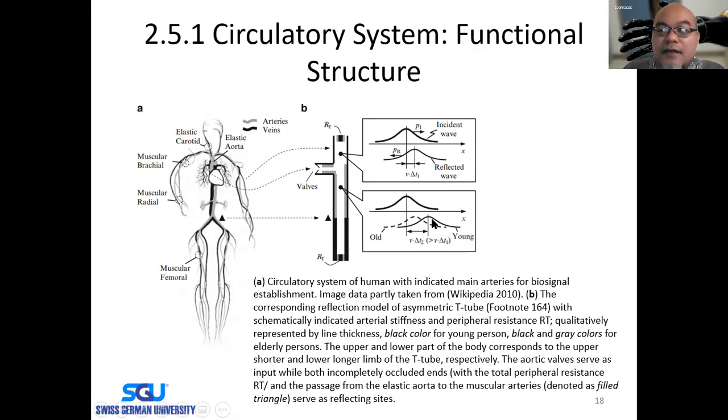While in older people, the blood vessels become stiffer, and the peripheral resistance is higher. You see here that less volume is being pumped. This can be measured by the incident wave and reflective wave delta t, the time difference.